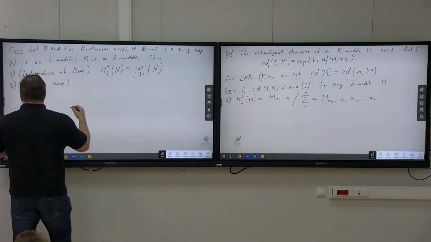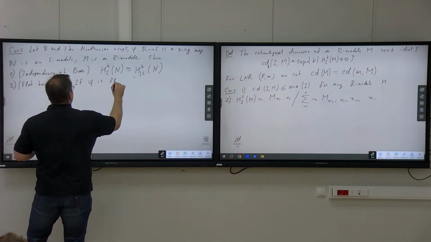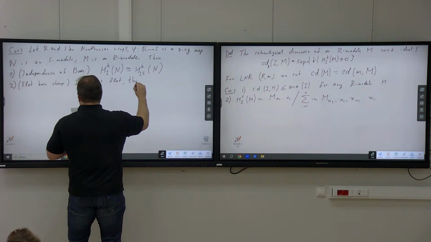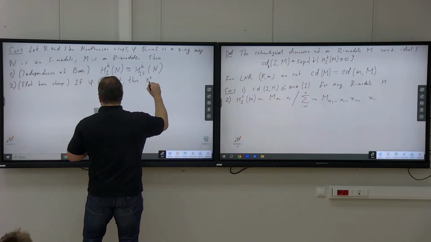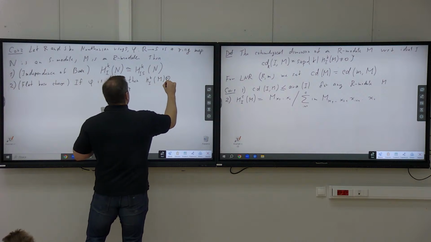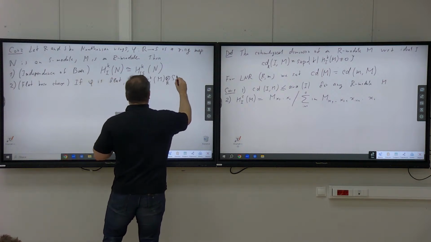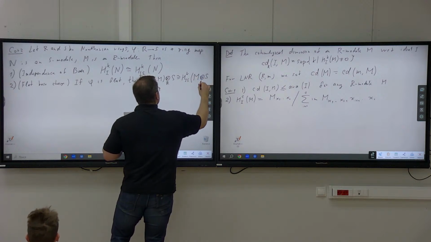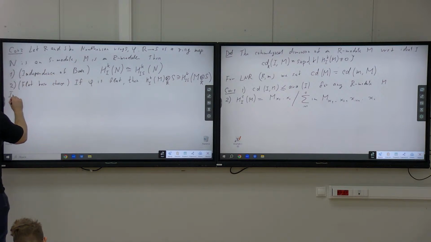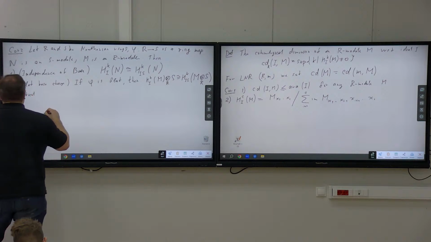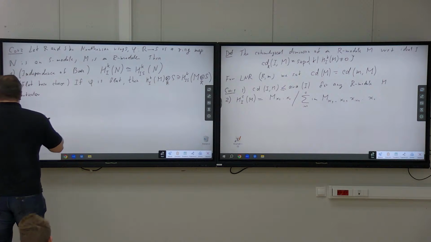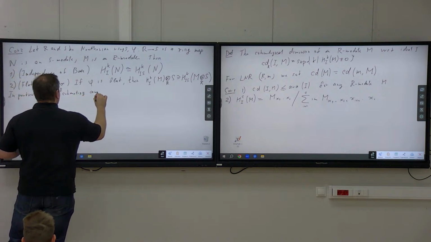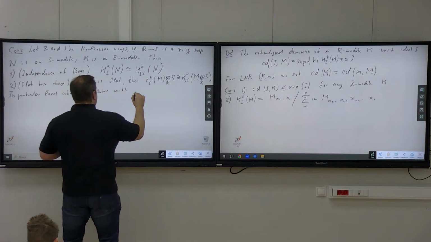Anyway, the statement is the following: if phi is flat, then taking local cohomology of the module M and then taking tensor product with S is isomorphic to taking local cohomology for the extended ideal IS for the module which is M tensor with S over R. So in particular, local cohomology commutes with localizations and completions.